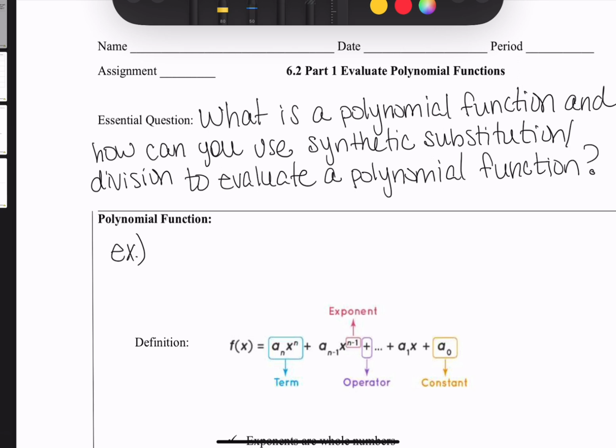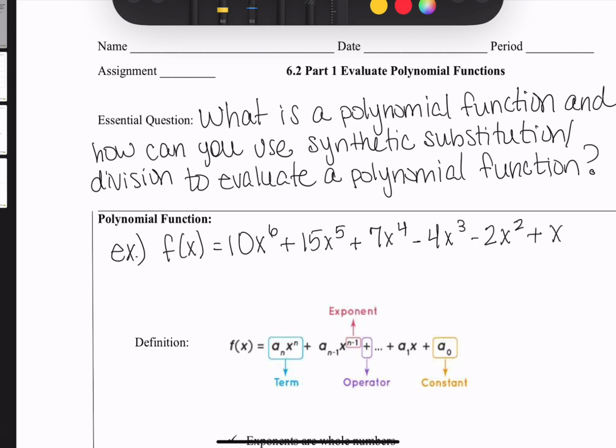Before I define a polynomial function for you, I'm going to give you a very complicated example. A function f of x equals 10x to the 6th, 15x to the 5th, 7x to the 4th, minus 4x cubed, minus 2x squared, plus x, minus 7.